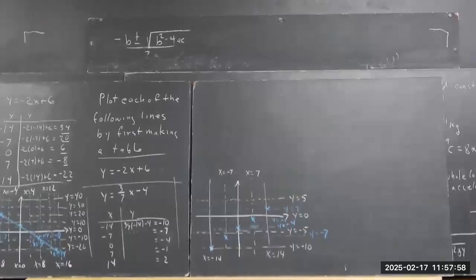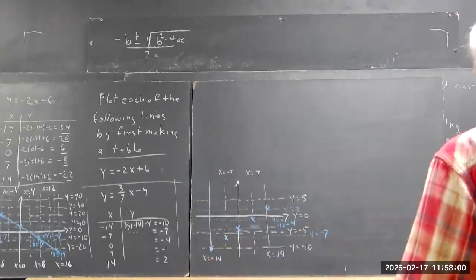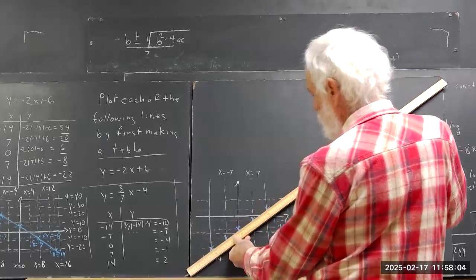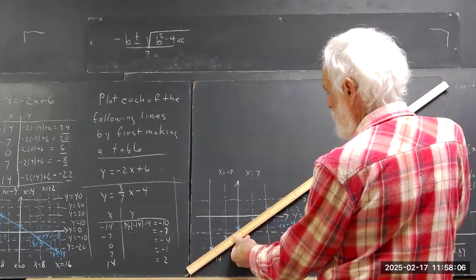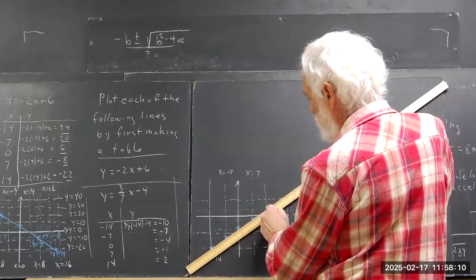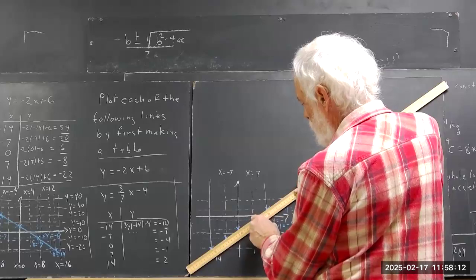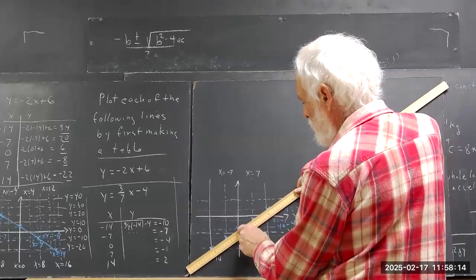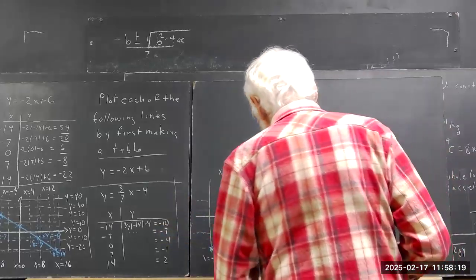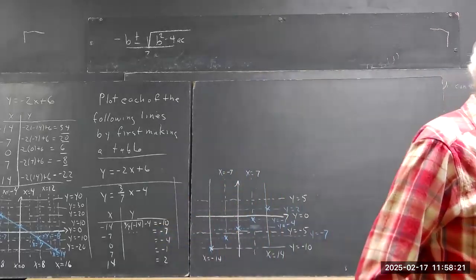So let's see how close we came to a straight line. Okay, well, kind of. If I draw a line from this point to this point, it's right on it. This point's a little high and this point's a little high. But you're going to get a little bit of that, even if you're very, very careful.